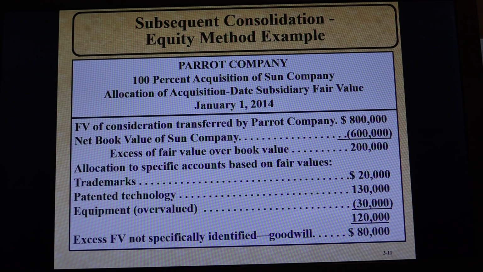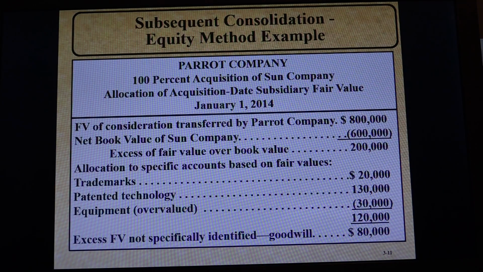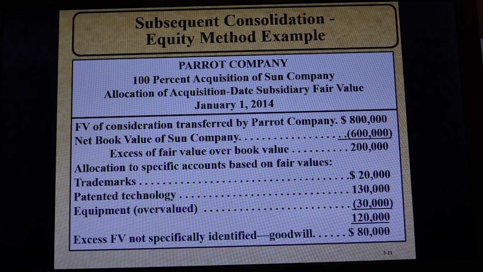And then you're going to allocate that to specific accounts based on their fair value. Trademarks, the fair value is $20,000 greater than its book value.